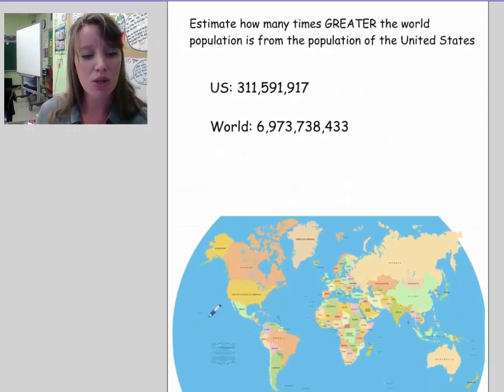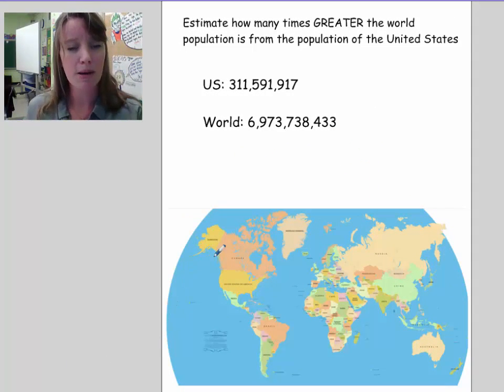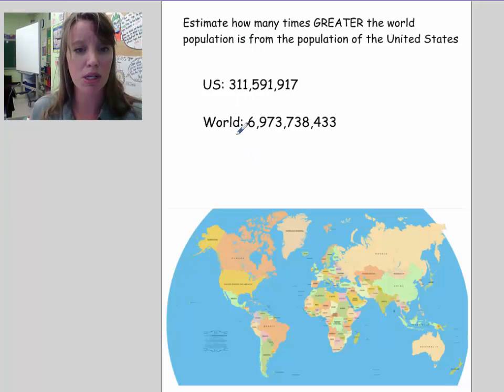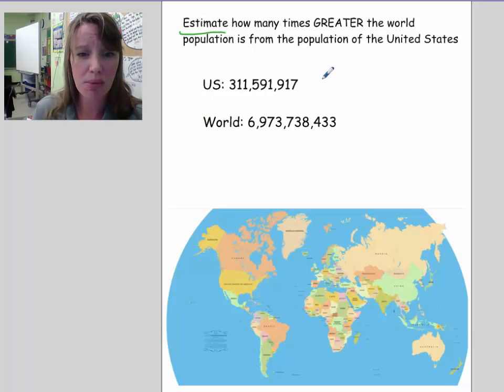Okay. So another question we could be asked is, we could be given two large numbers, let's say the U.S. population and the world population, and we could be asked how much greater is one than the other. We're going to do this more formally in another lesson where we actually find an exact value, but here we're just going to estimate. So here I'm going to say that the U.S. population is about 300 million.